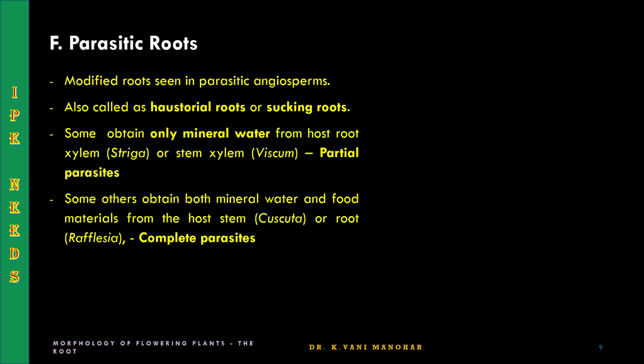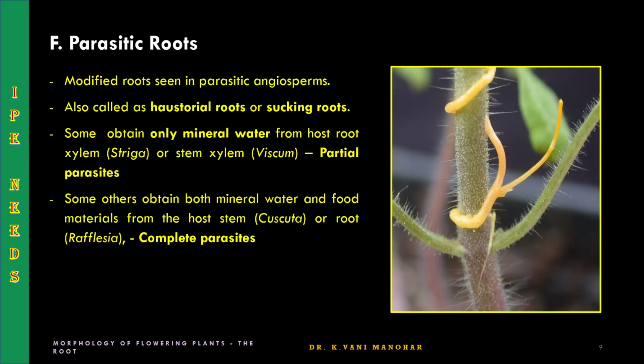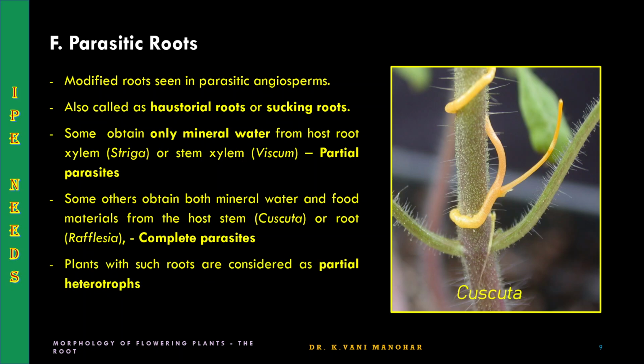Whereas complete parasites establish haustorial connection with both xylem and phloem of the host and absorb both mineral water and food materials. So they are Cuscuta, the stem parasite, and Rafflesia, the root parasite. Both are complete parasites. Plants with such roots, parasitic roots, are partial heterotrophs.